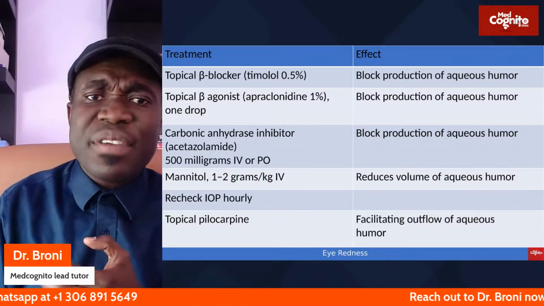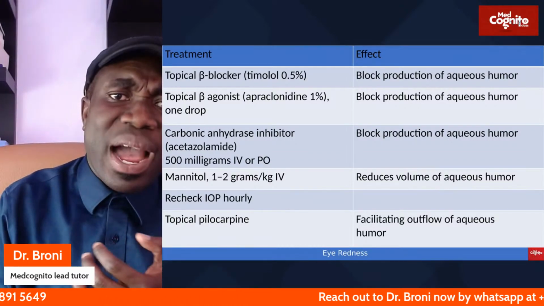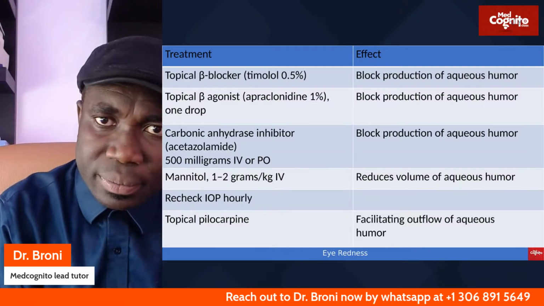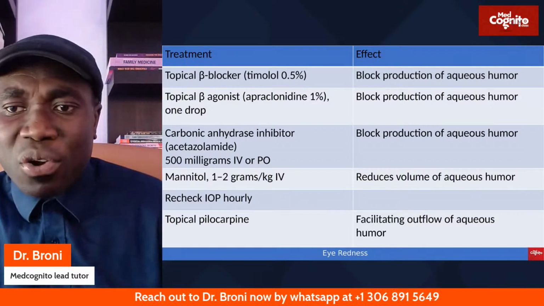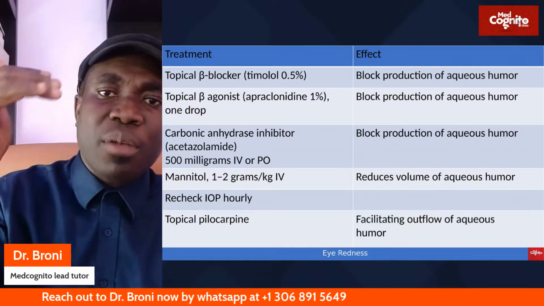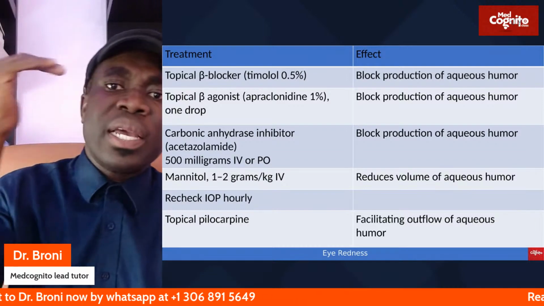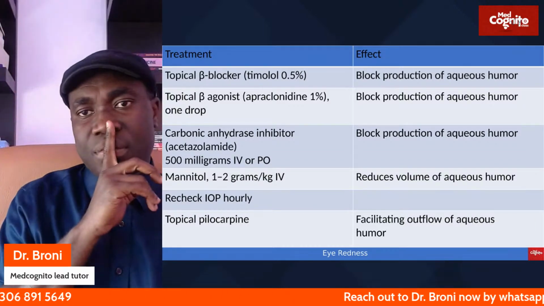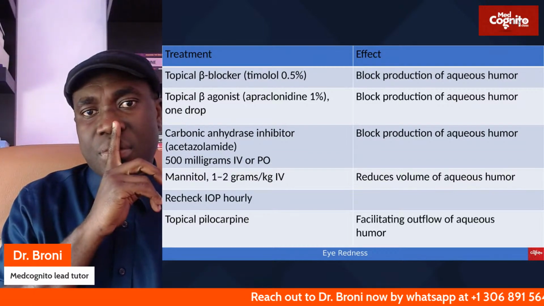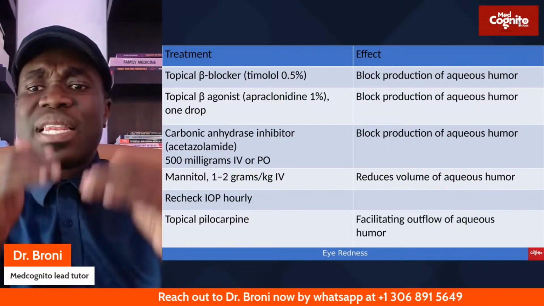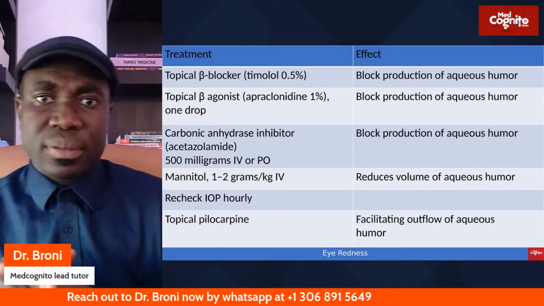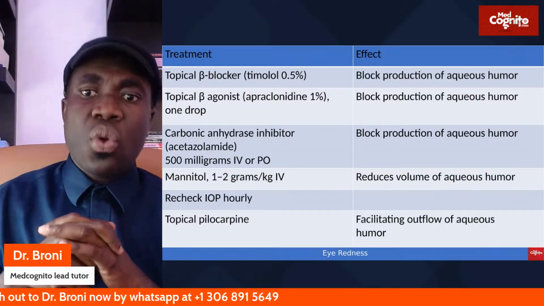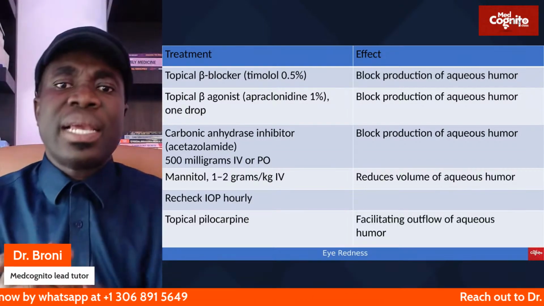Why are we giving apraclonidine? Because apraclonidine can also help to reduce or block the production of aqueous humor. Why are we giving acetazolamide?